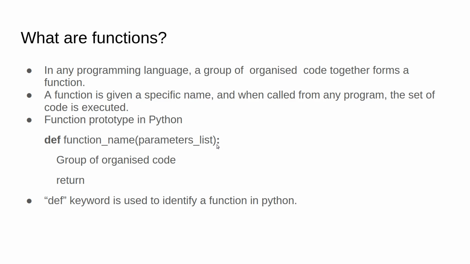As a very important note, we should specify the colon here, and then with the proper indentation we have to write the set of code, and then optionally it can have a return value as well. So this is the prototype of the functions in Python.